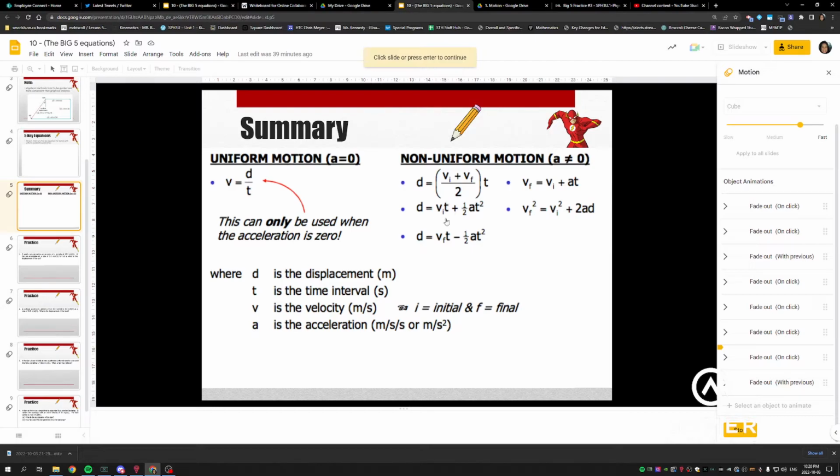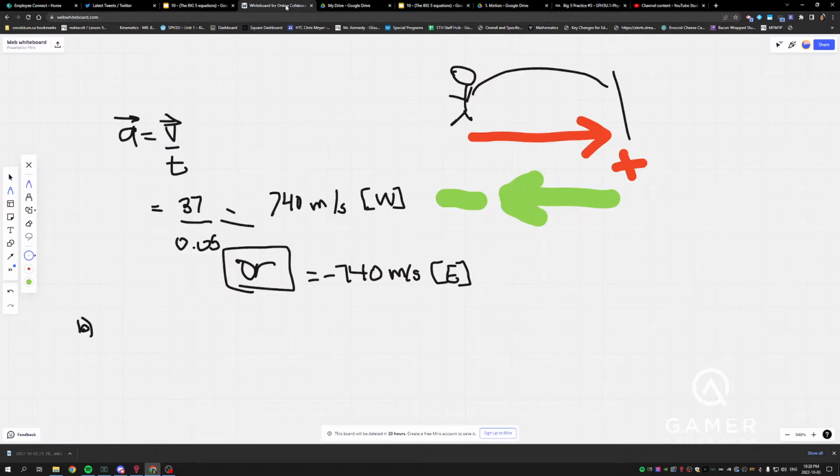And I only have my initial velocity, which is why I'm going to keep this first formula. So if I go back and I work out my formula here, I'm just going to rewrite it. So my displacement is going to equal velocity 1 times my time plus 1/2 my acceleration times time squared.